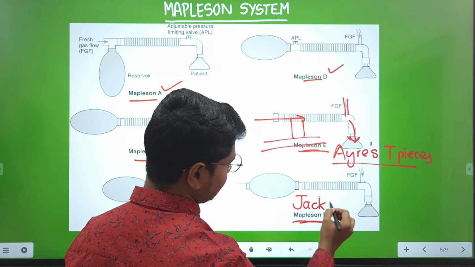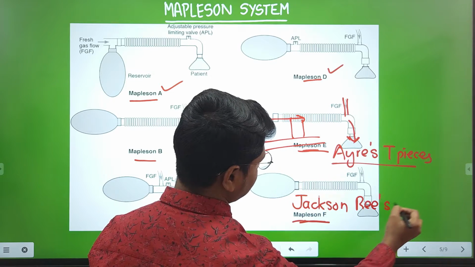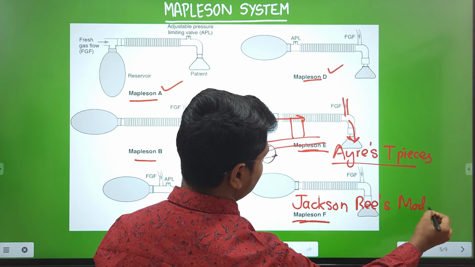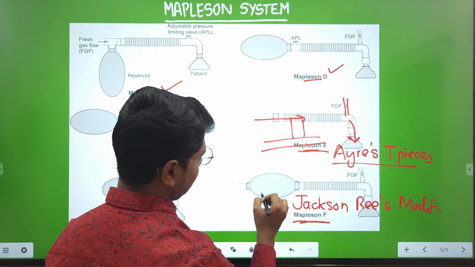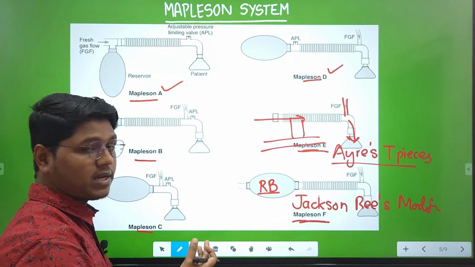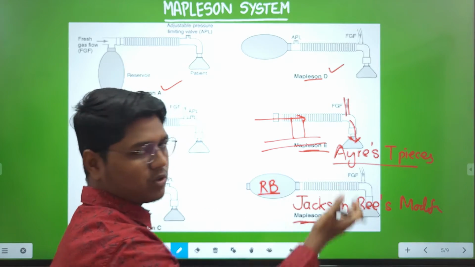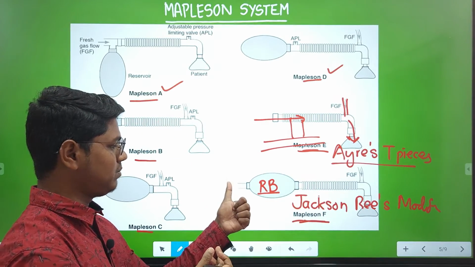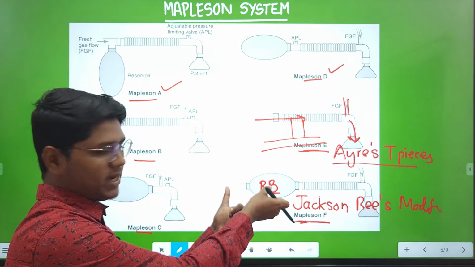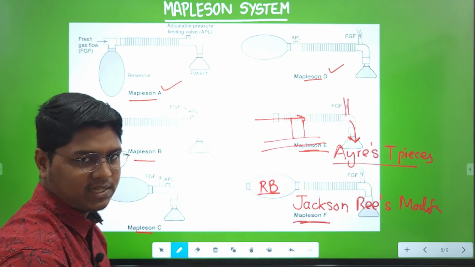This is known as Jackson-Rees modification, where they have added a reservoir bag, so that if you want controlled ventilation to babies, you can simply press this one. You can put your thumb here and simply squeeze this one. You will find some assisted ventilation to the babies.